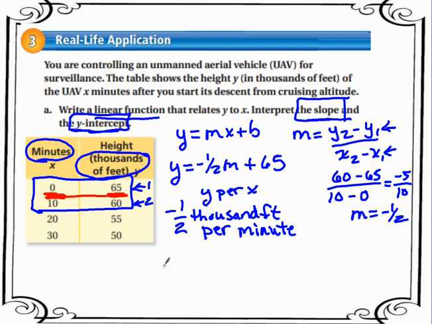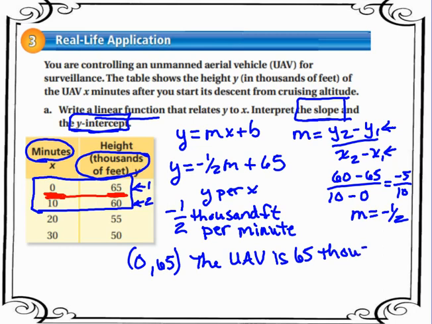Okay, what is the y-intercept? Y-intercept is the place where the x is 0, so we're looking at this point and trying to interpret it. And again, the y value is the height in thousands of feet. So you would say the UAV is 65,000 feet.